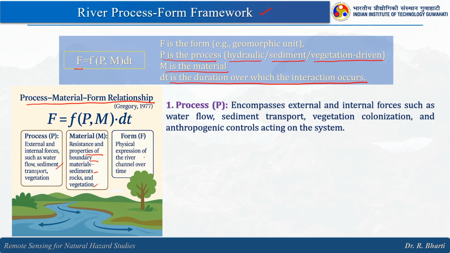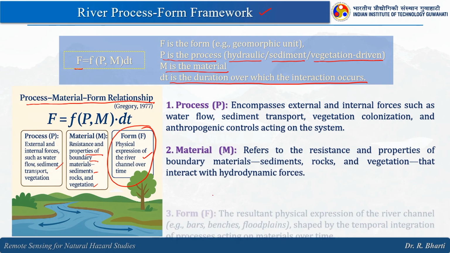F is the physical expression of the river channel over time. So, how is it going to express the relationship between material and the form, right. Here the same thing has been explained.